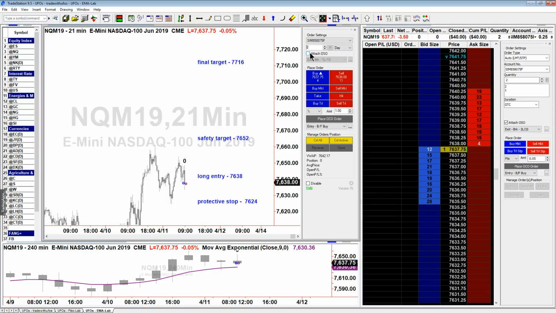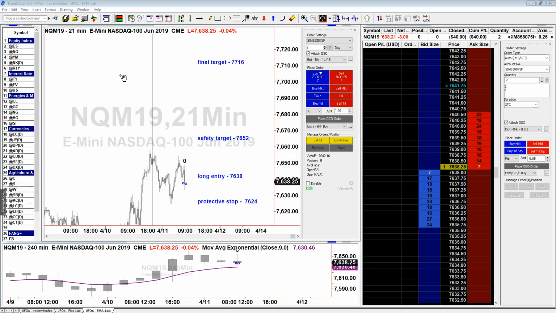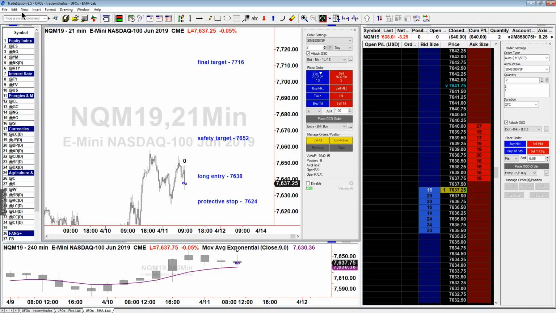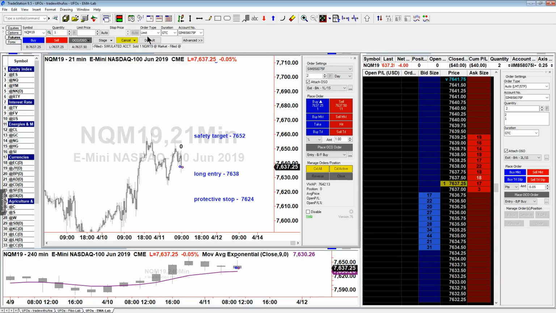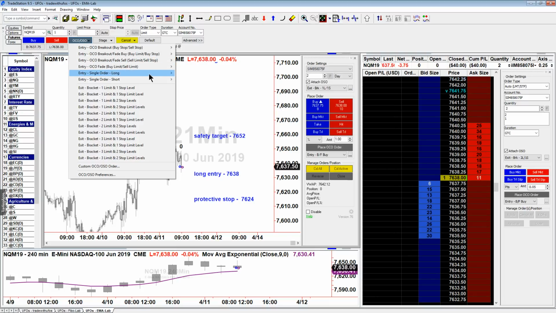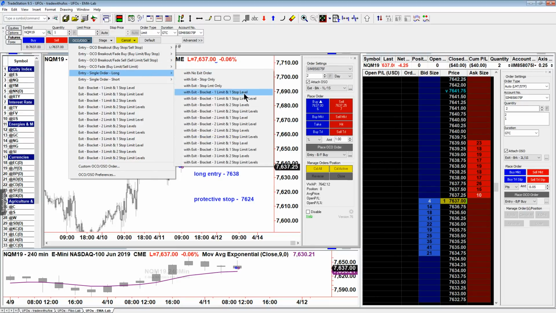I would have had time to put my lines in the right place, and I would not have had this problem. Okay, so you either do this with the chart trading that allows you to drag and drop the lines on the chart, and you don't get into the trouble I got, or you go for the order bar, which, to me, in a case like a time frame like this, would have been my favorite choice, to just go ahead and enter a long entry with 2 limit and 1 stop level.